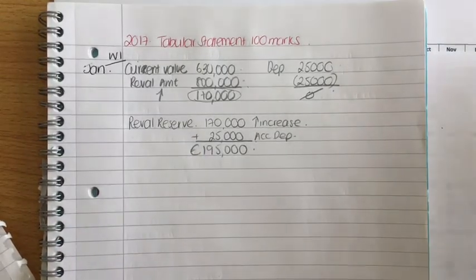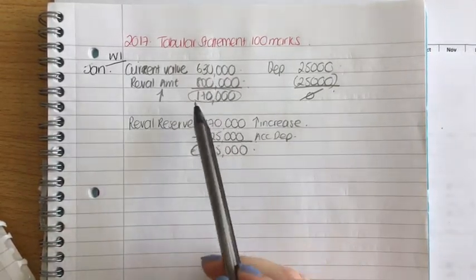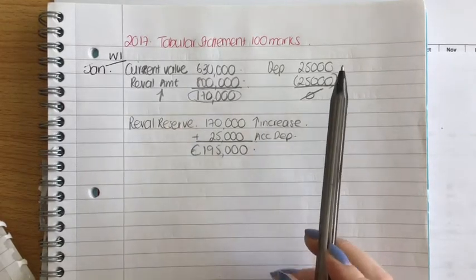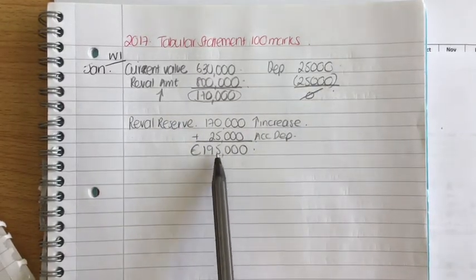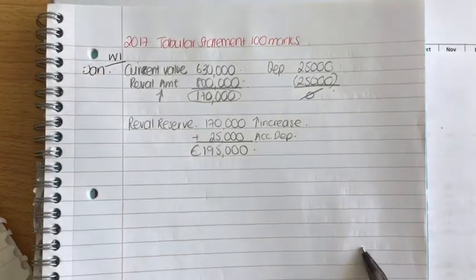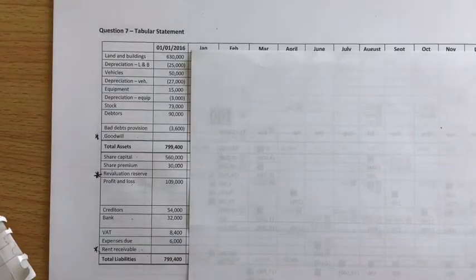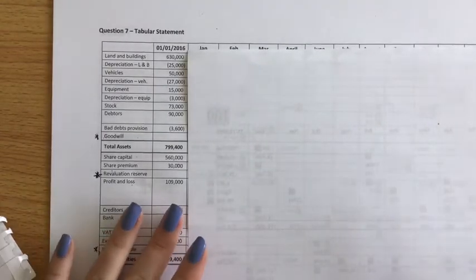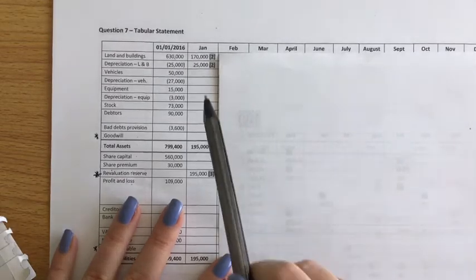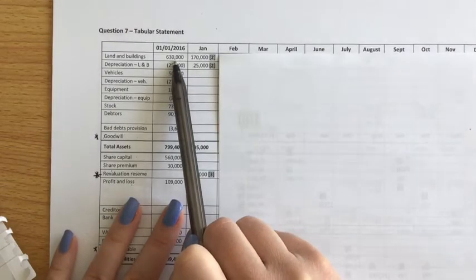So when I go to the tabular statement now, I need to increase the value of my land and buildings by €170,000, get rid of all my depreciation, and create a revaluation reserve. Let's look and see how that looks in the tab. The first thing I said I needed to do was increase my land and buildings. As you can see, they were worth €630,000.